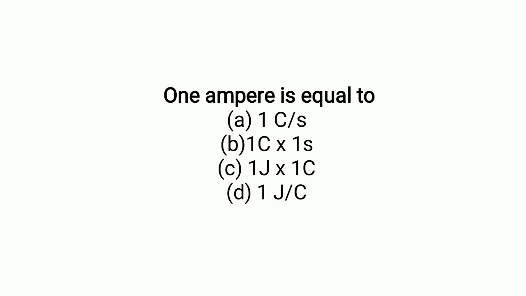So the current is 1 ampere when 1 coulomb of charge is flowing in 1 second. So option A is the correct answer.